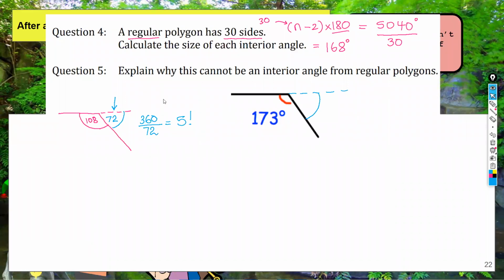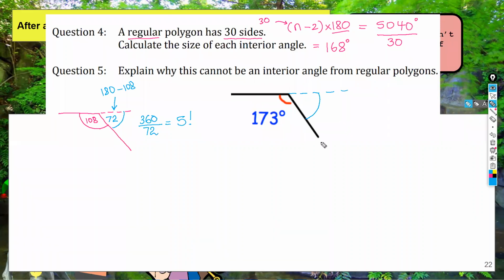How did we get the exterior angle? If the interior angle is 108, to get the exterior, we always subtract it from 180 because the interior and exterior form a straight line. So let's try this slowly. Just answer the question I'm asking. Don't go forward and answer another question.